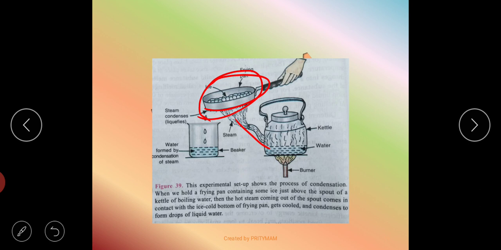It gets cooled and condenses to form drops of liquid water.